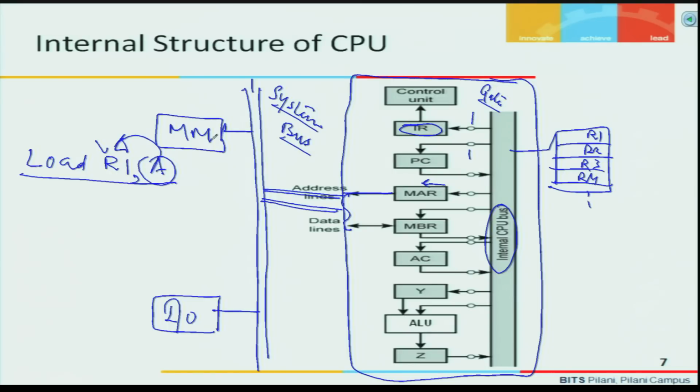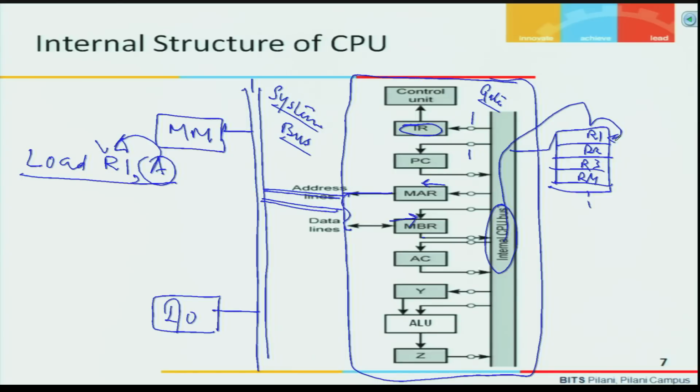From there the memory contents will be read, and after reading, they will be put into the MBR. So now the contents of memory location A are available in MBR, and then from MBR it will be stored in the register IR. From MBR it will go via this bus to this R1 register.